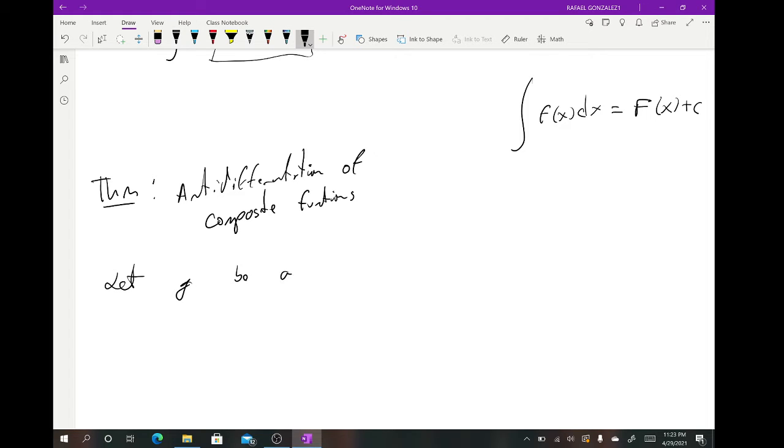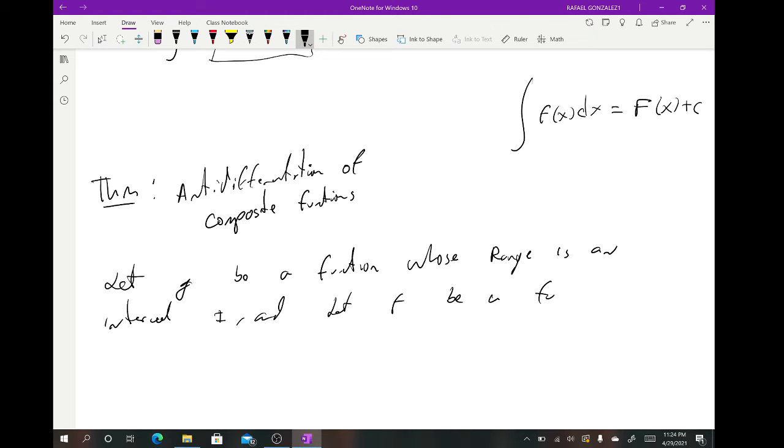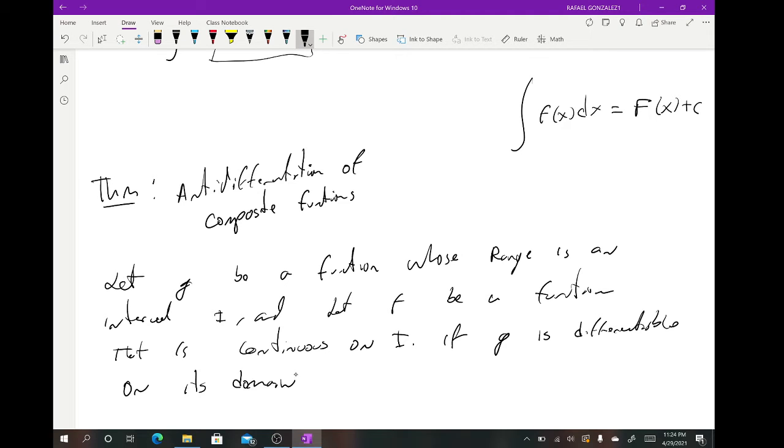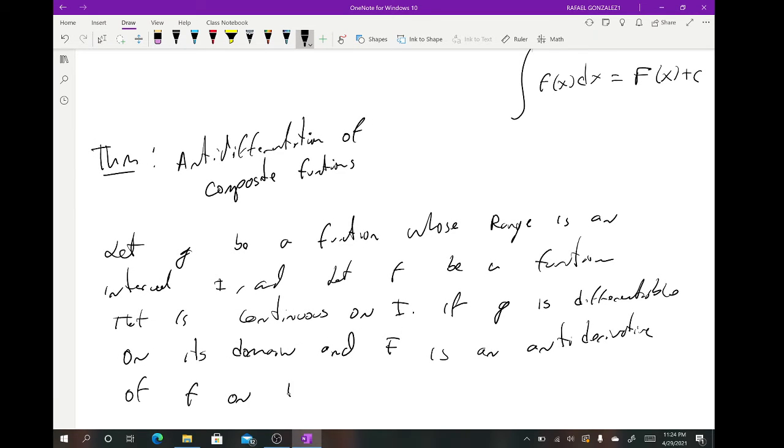Let g be a function whose range is an interval I, and let f be a function that is continuous on I. If g is differentiable on its domain, and F is an antiderivative of f on I, then the following is true.